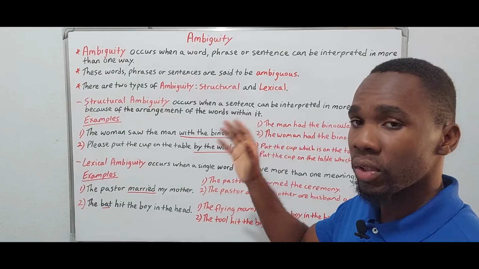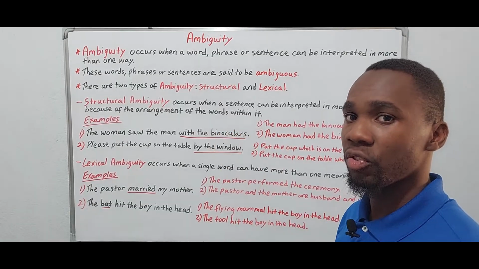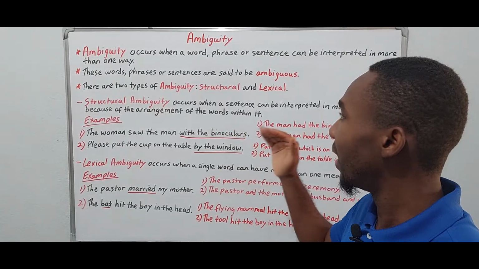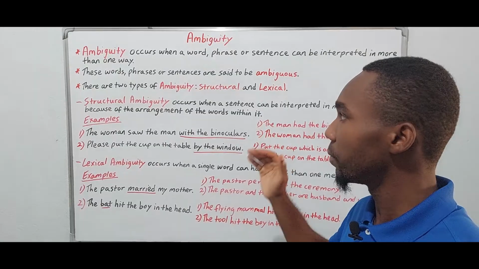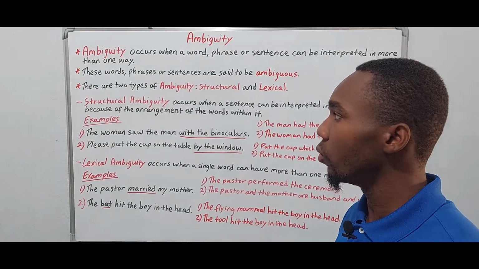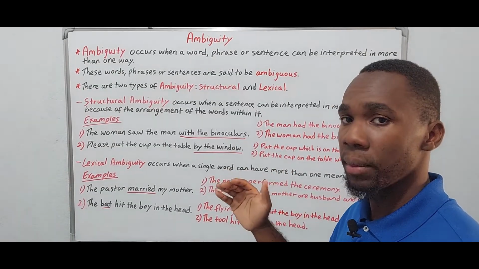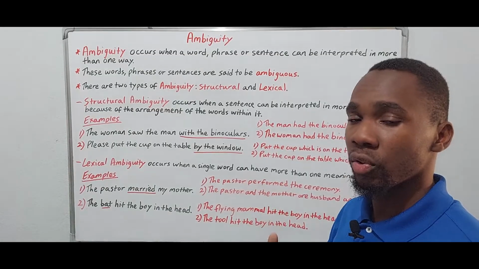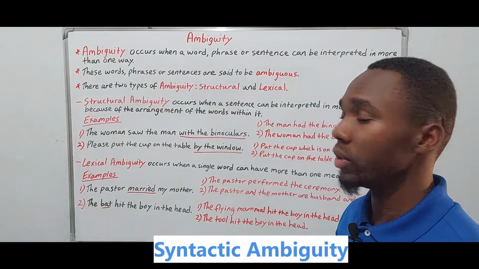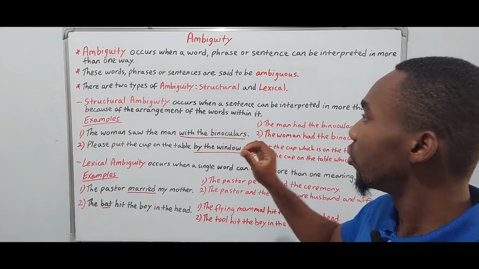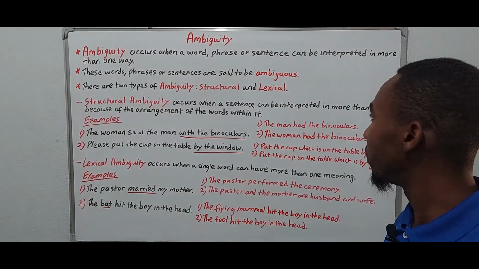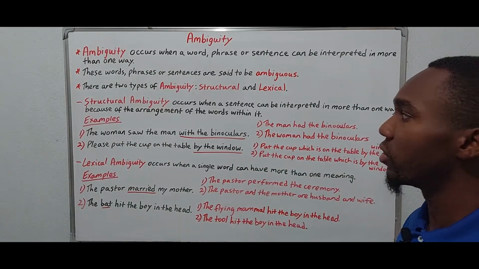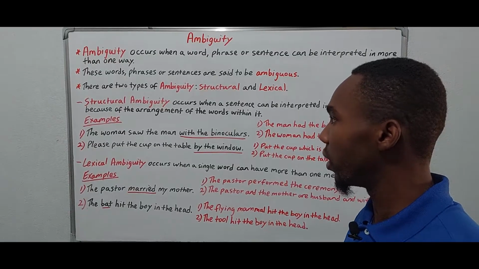Now, there are two types of ambiguity. We have structural and we have lexical, okay? Now, when it comes to structural ambiguity, which is also known as syntactic ambiguity, this occurs when a sentence can be interpreted in more than one way because of the arrangement of the words within it.